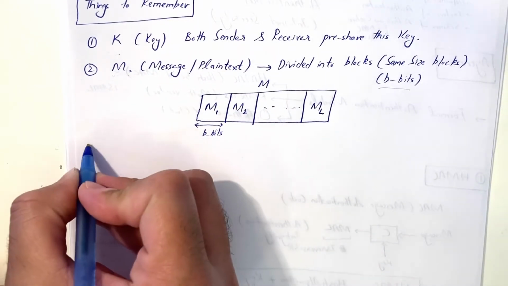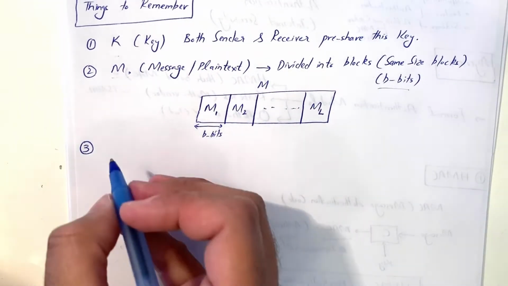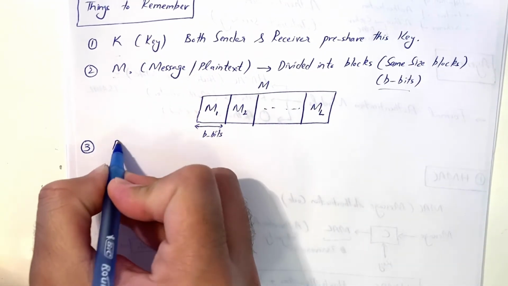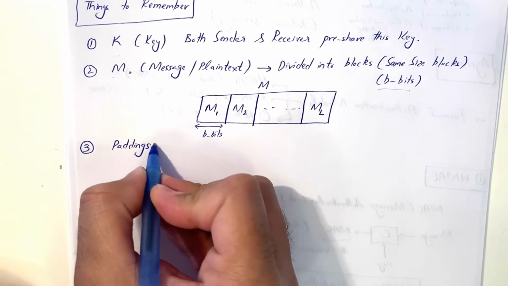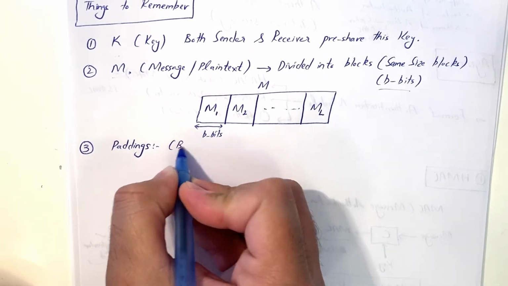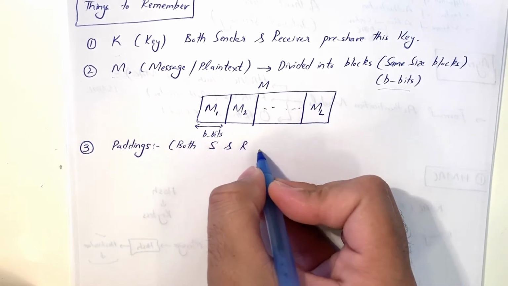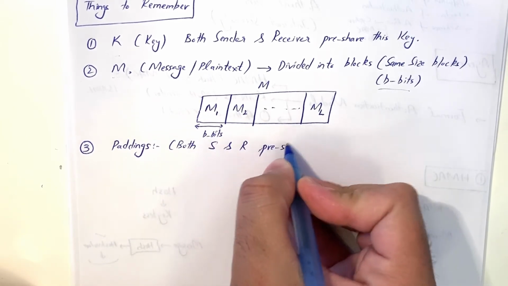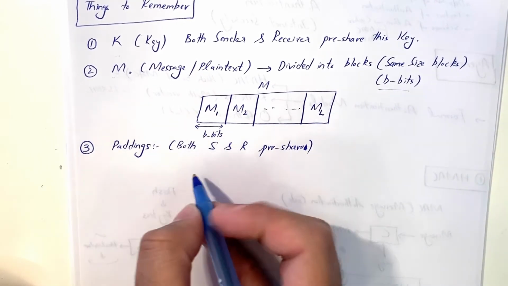Number 3 requirement is, besides the key, they also pre-share some other paddings. There are 2 paddings that both sender and receiver pre-share. So which padding?